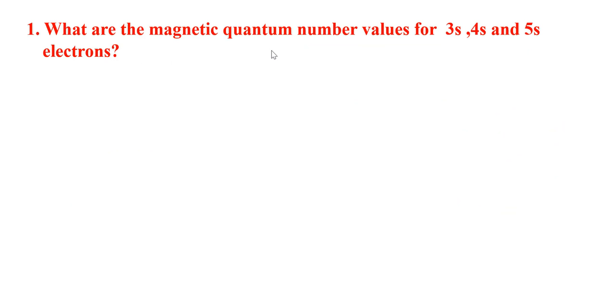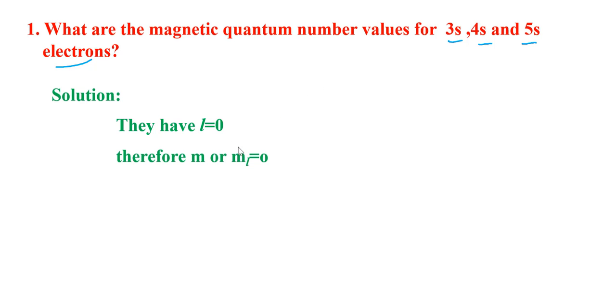What are the magnetic quantum number values for 3s, 4s and 5s electrons? You can see here they have the L value equal to 0. Therefore the M value will be 0. The M value we generally write from minus L to plus L including 0.